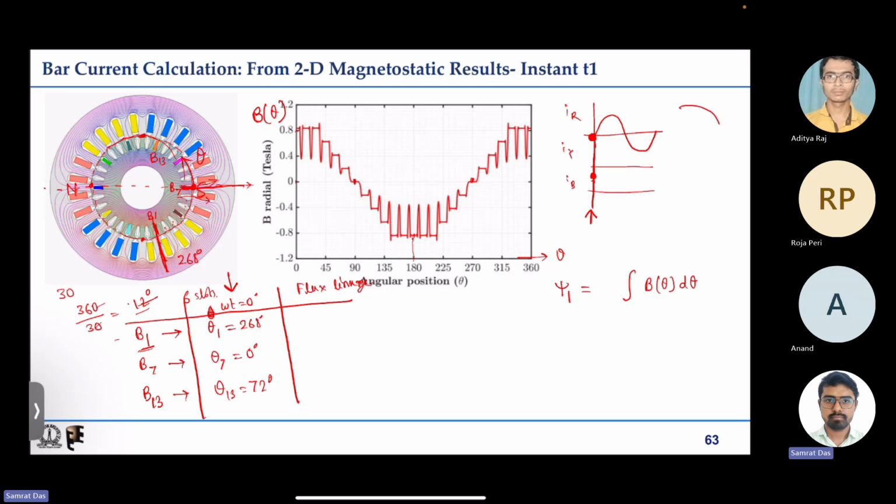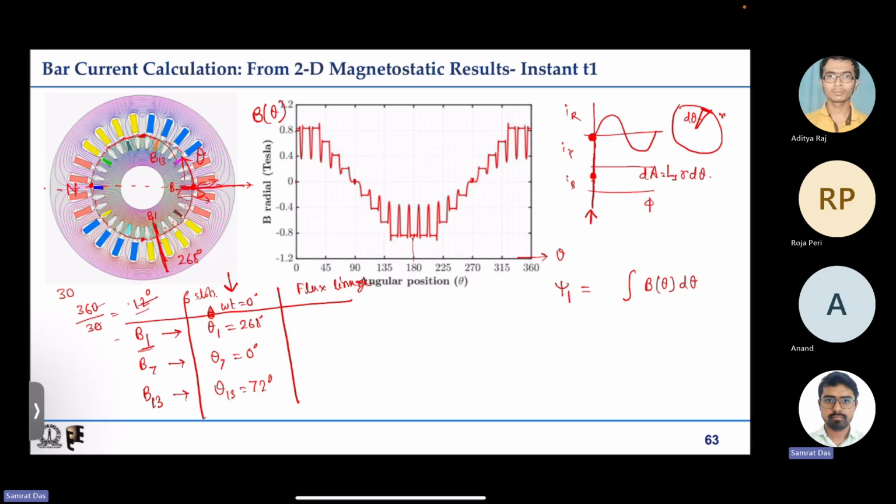If we take a small strip of angle d theta, and the rotor radius or the air gap mean radius is r, then this arc length is r d theta. And if the axial depth is ls, then the area dA is ls into r d theta.